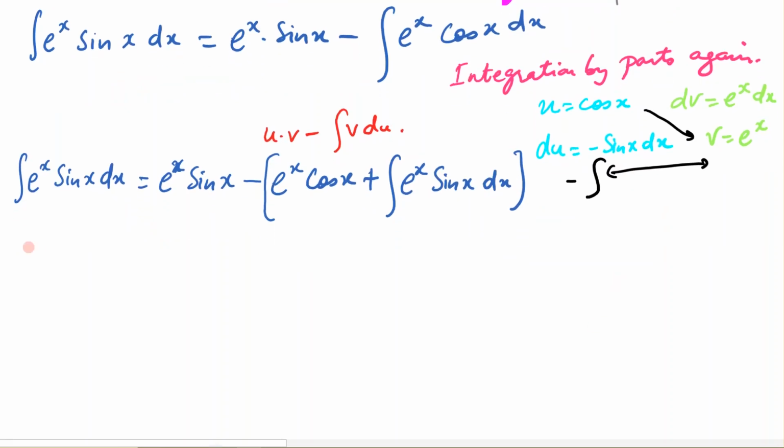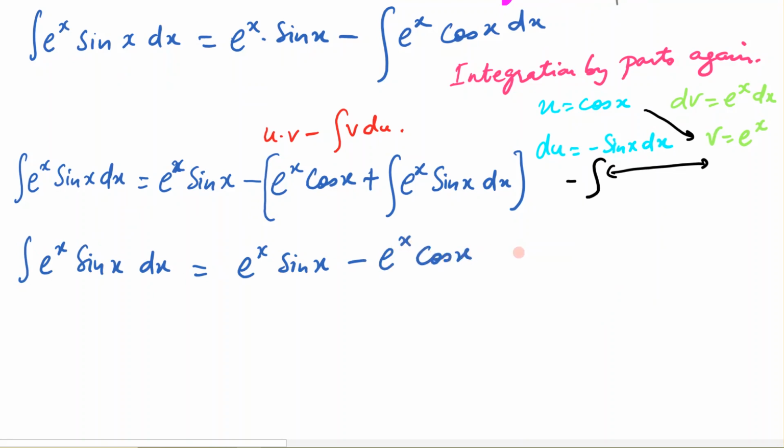And now we notice that the integral of e raised to power x sine x dx is equal to e raised to power x sine x minus e raised to power x cosine x minus the integral of e raised to power x sine x dx.